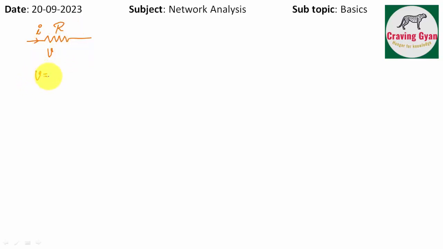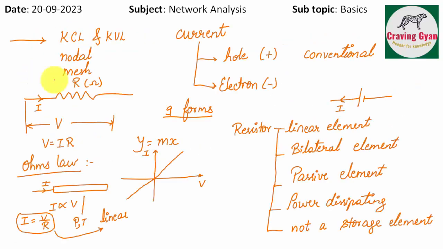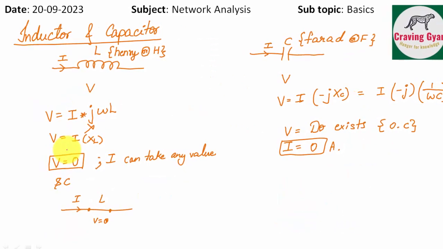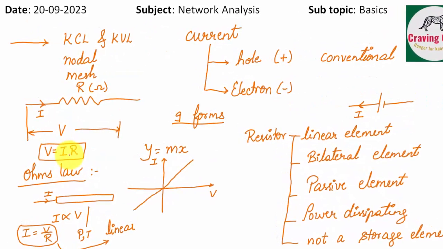Voltage drop is V equals small i times R. Now you see, with respect to resistor, V equals IR. With respect to the DC supply, here also you got V equals IR only. Is there any change with respect to resistor? Absolutely zero change.